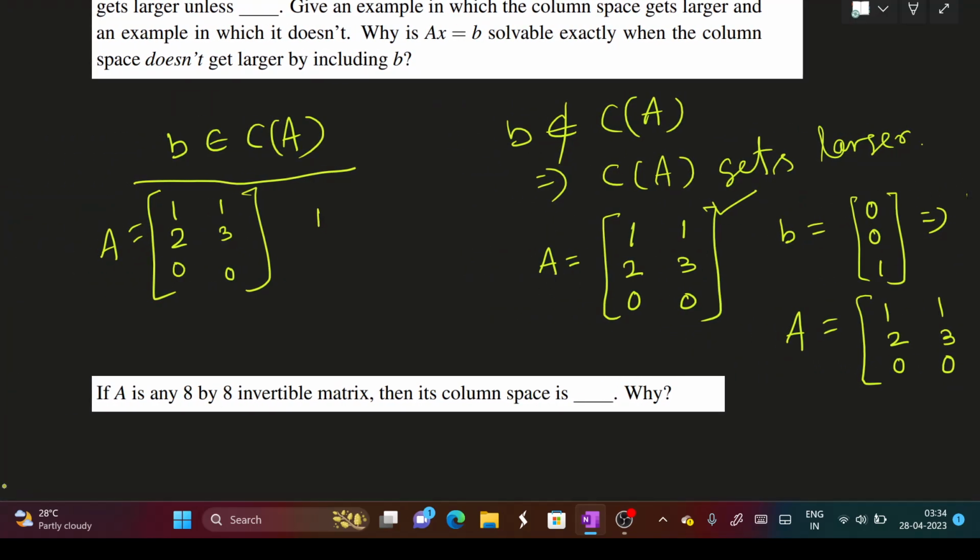Now, let B be a linear combination, one of the linear combinations, 2, 5, 0.